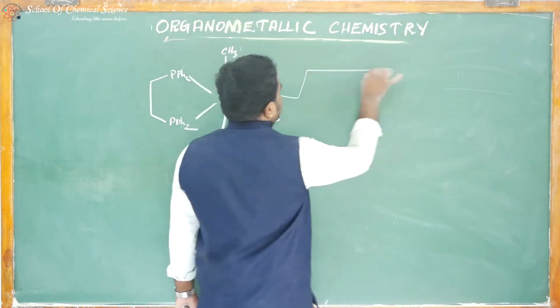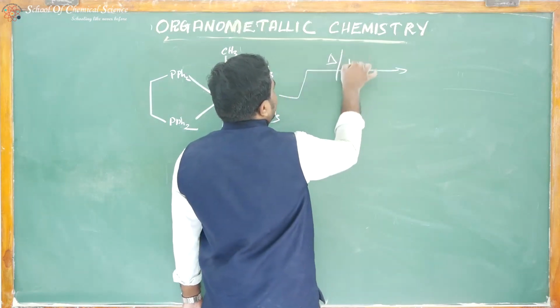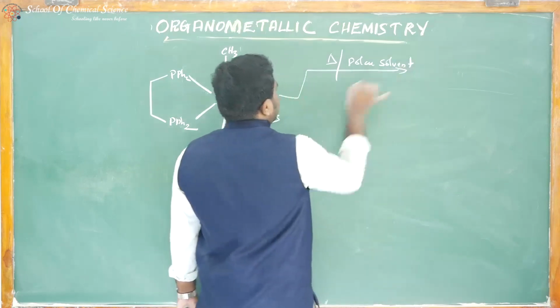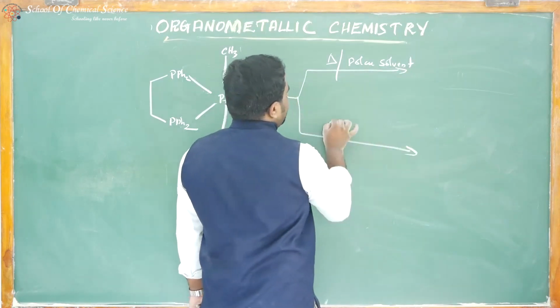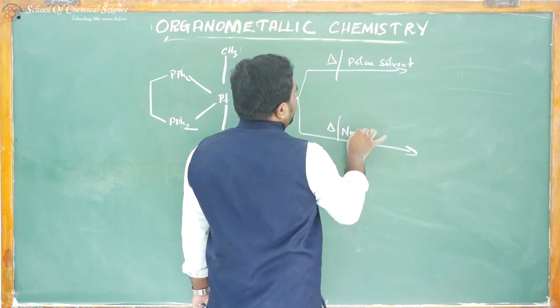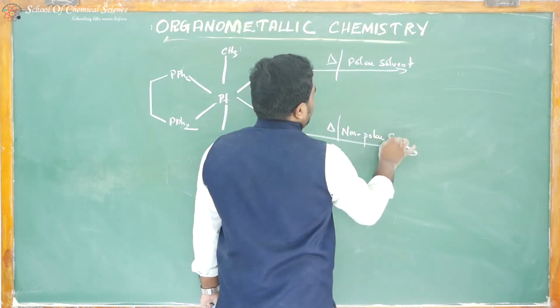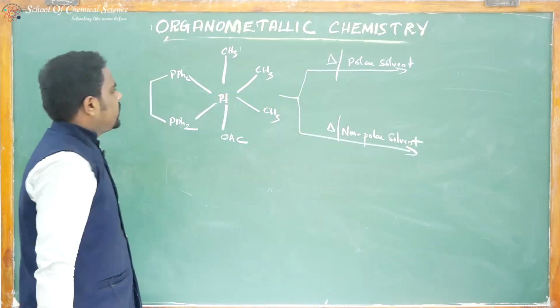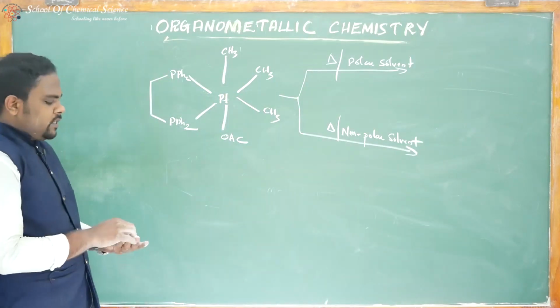First case, heating in the presence of a polar solvent. Second one, heating in the presence of a non-polar solvent. Heating in the presence of polar solvent and non-polar solvent.